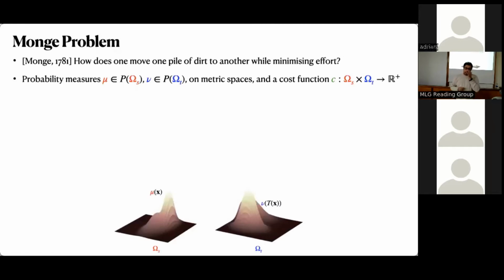To do this more concretely, let's say you have two probability measures, mu, which is defined on a space omega source, and nu, which is defined on a space omega target. And you have some sort of cost function that says, how much effort is it to move a point from mu of x to nu of y?